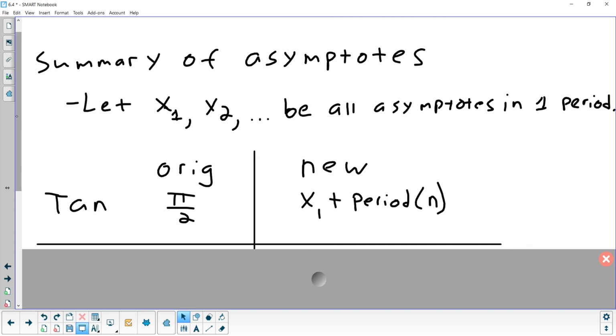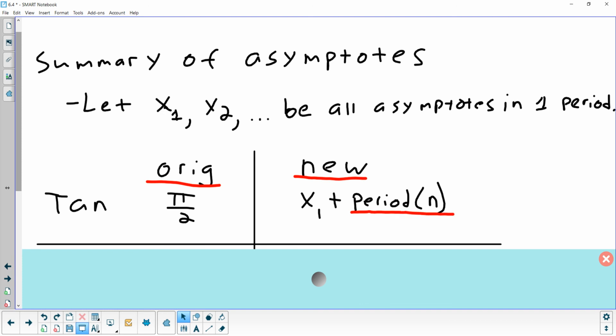But the first step in figuring out new asymptotes is to make sure you know the old asymptotes. You can probably guess that this part is explaining that the asymptote is going to repeat every cycle. We'll talk more about how to find that in a minute. What I'm really focusing on right now is just the originals.